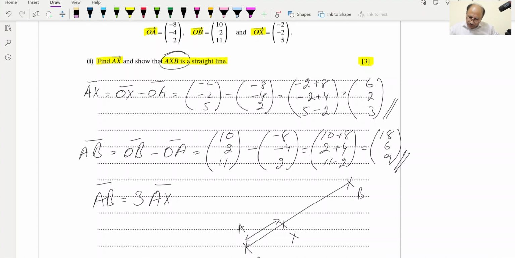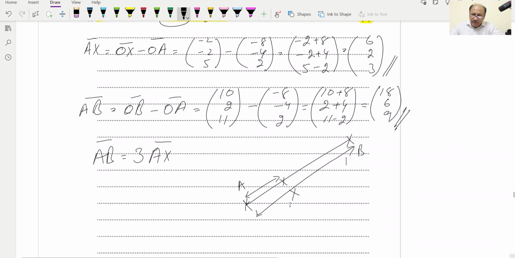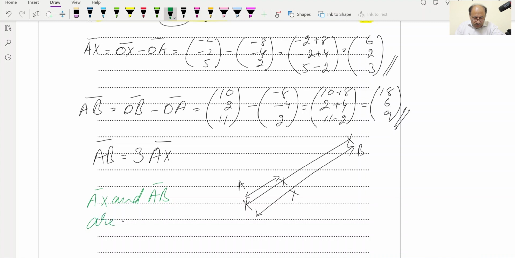AB is the complete distance from here to this one. So these two are multiples of each other. We can write as the answer: AX and AB are multiples of each other.